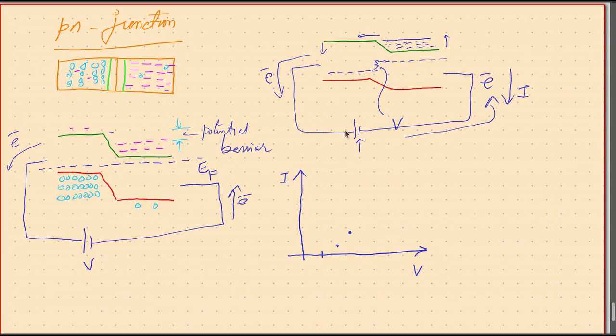Now a further increase will further increase the current because of the two effects, increase in electrons as well as increase in velocity, and this continues till this level is made to reach this level. When this level is forced to reach this level, that means all these electrons are available for conduction.